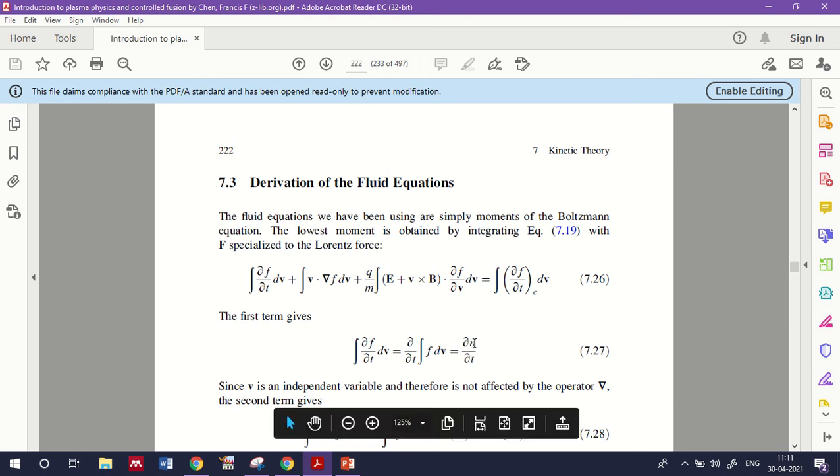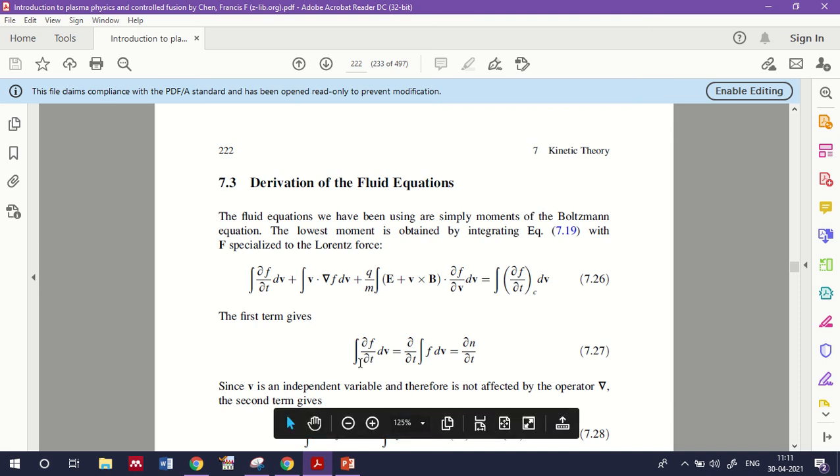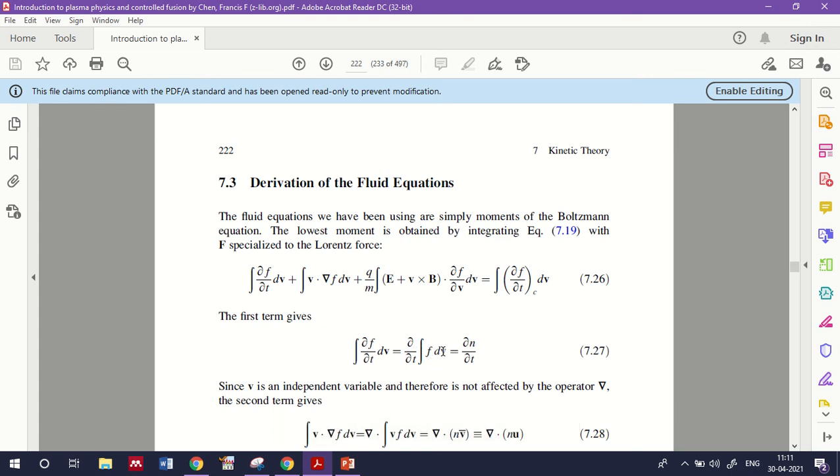What is n? n is the number density, and v we consider as an independent variable. So there will be no effect on the time derivative in that case. So we say that the integral of ∂f/∂t dv is equal to ∂/∂t of the integral of f dv, and this term is n.